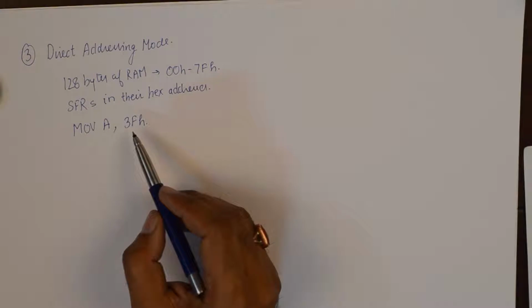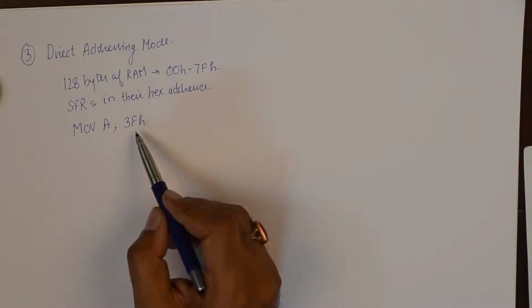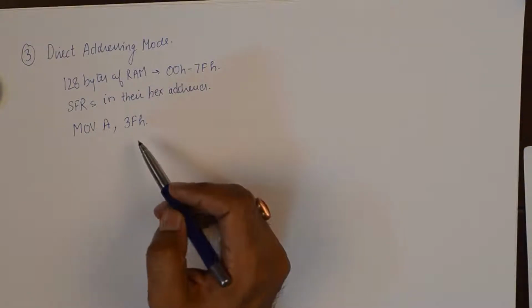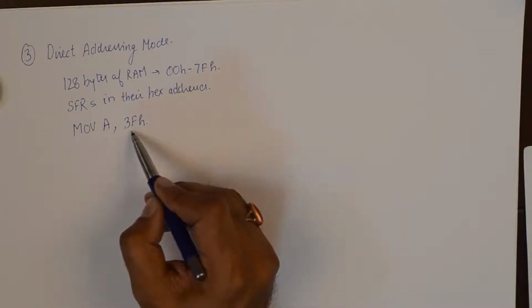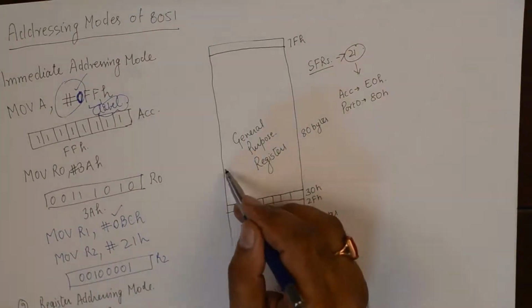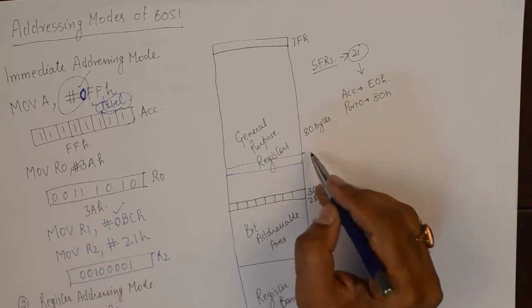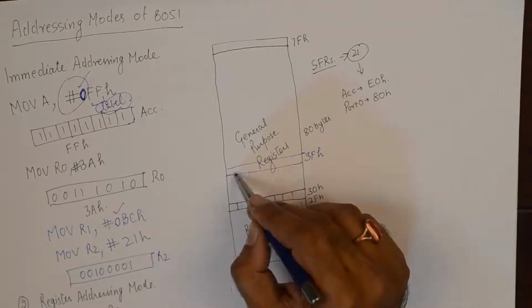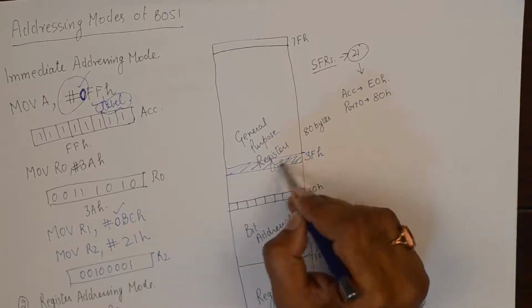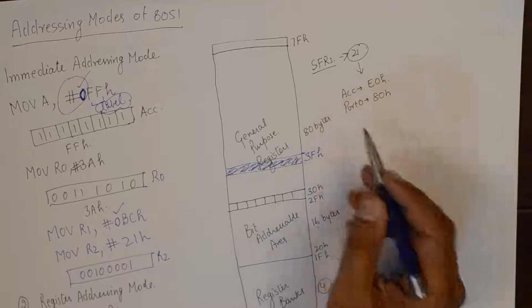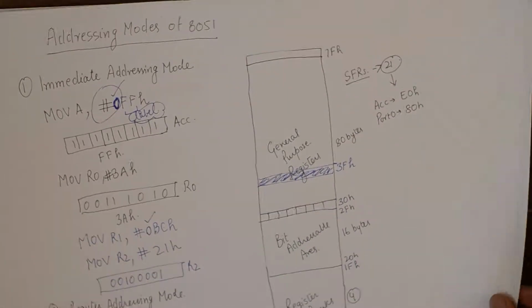Now please understand, this is not going to copy the number 3FH because we haven't put a hash next to it. So this is going to copy the contents of register 3F into the accumulator. Register 3F will be somewhere here. Whatever the contents of this register, it will go into the accumulator.